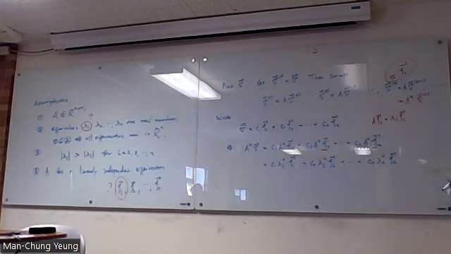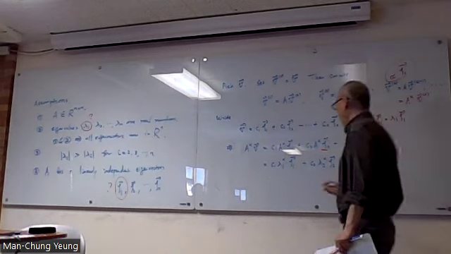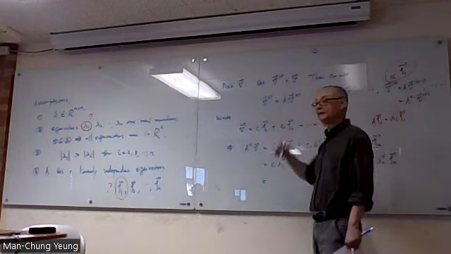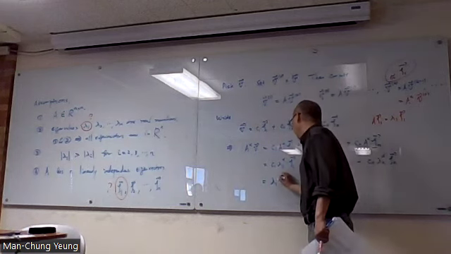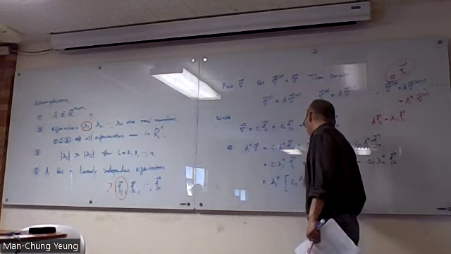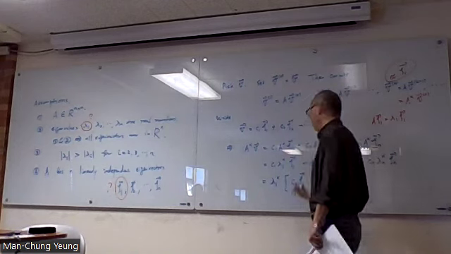Then I take lambda 1 to the k out. Then lambda 1 to the k times c1 psi 1.